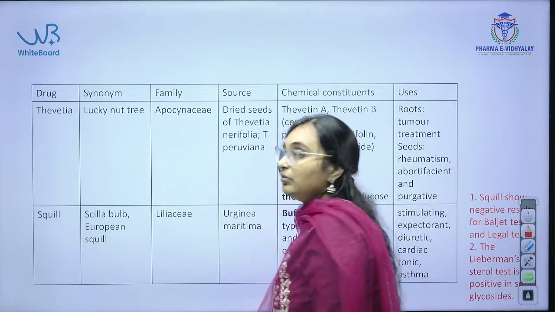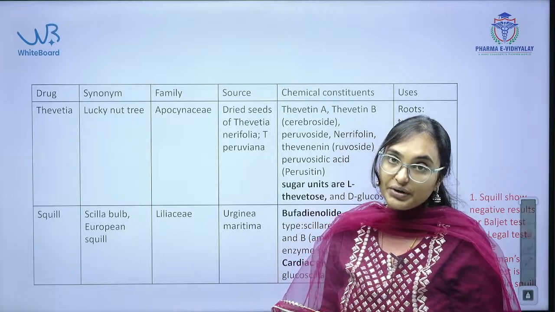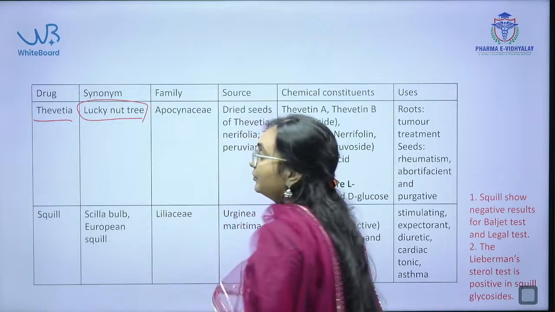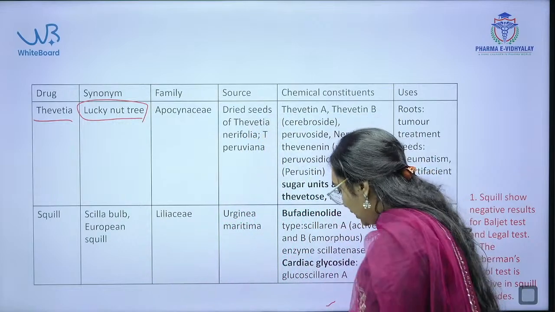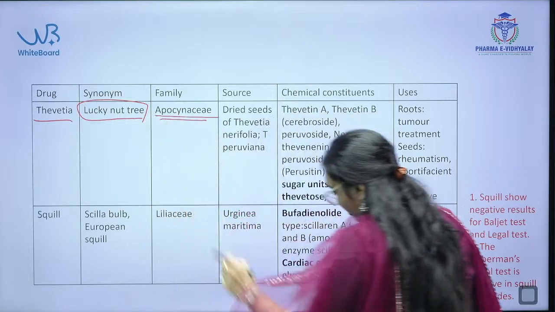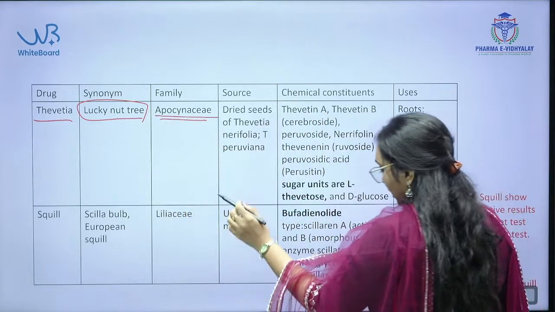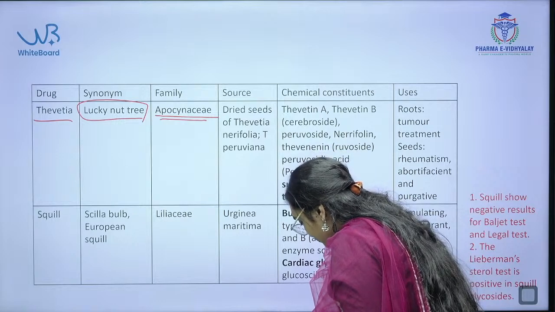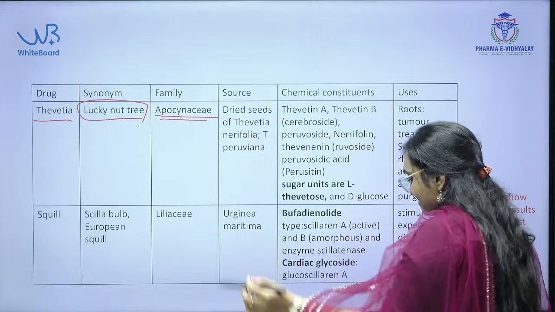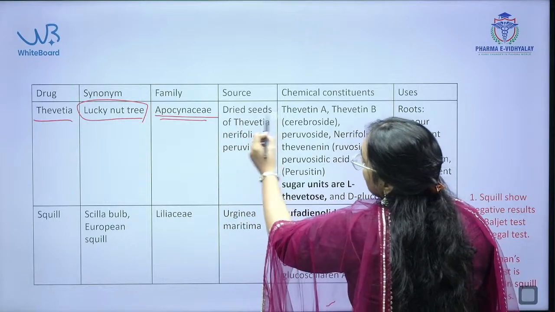Now, Digitalis is one source of cardiac glycoside. Another source is Thevetia, also called lucky nut tree. It belongs to the family Apocynaceae, and the source is dried seeds.